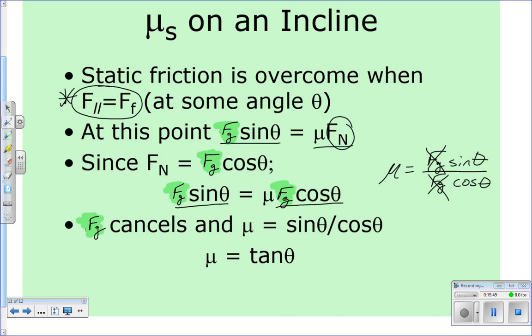And if you remember your trigonometry, sine divided by cosine is equal to tangent. So, if you lift a surface, like a board laying flat on a table with an object sitting on top of it, and you start to lift one end of that board up and find the angle at which the object just starts to slide, the tangent of that angle would be equal to the coefficient of friction.